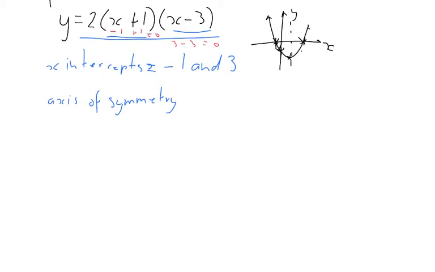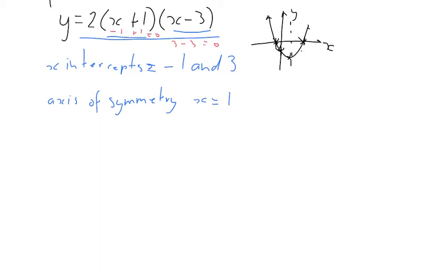So between -1 and 3 would be x = 1. Because -1 plus 3 is 2, 2 divided by 2 is 1, so it's in the middle, 1. Okay, which gives us some more information.